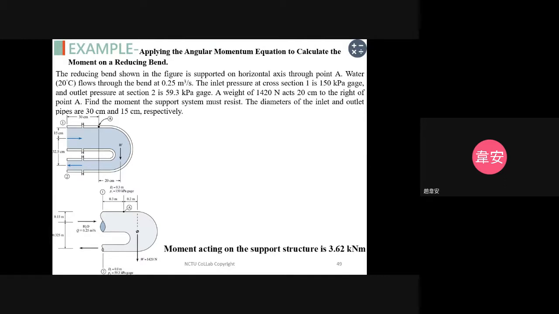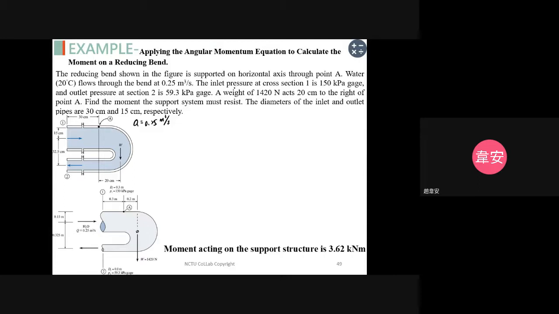Water flows through the bend at a discharge Q of 0.25 cubic meters per second.